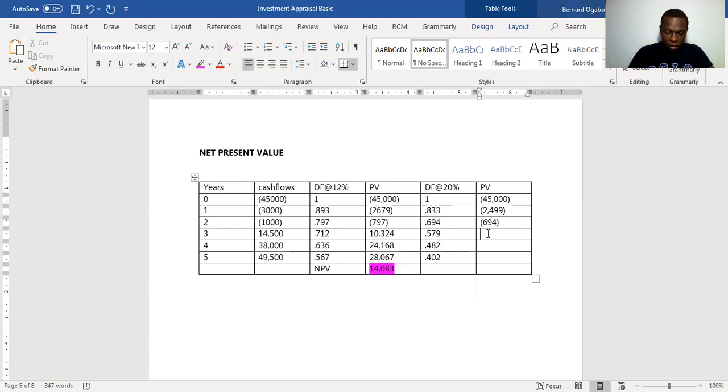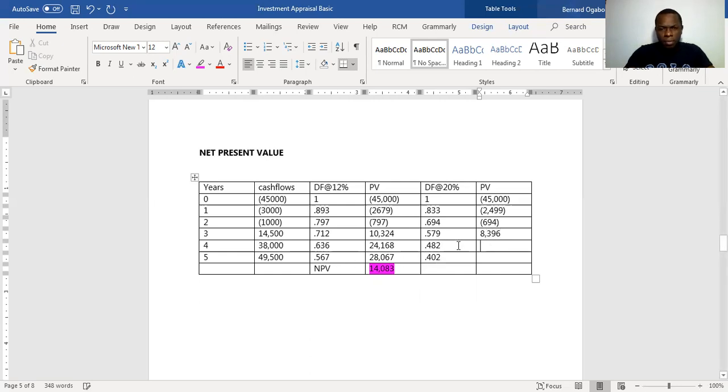Then 0.579 multiplied by 14,500 gives me 8,396 approximately.